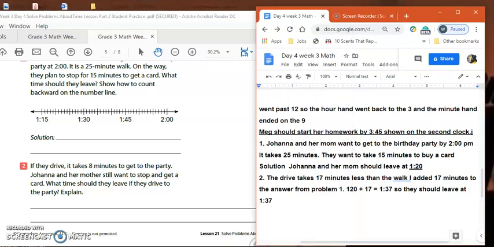Okay, so if the drive takes 17 minutes less than the walk, what I did was I added 17 minutes to the answer from problem 1, which was 1:20. 1:20 plus the 17 minutes that we know, and it equals 1:37. So they should leave at 1:37.